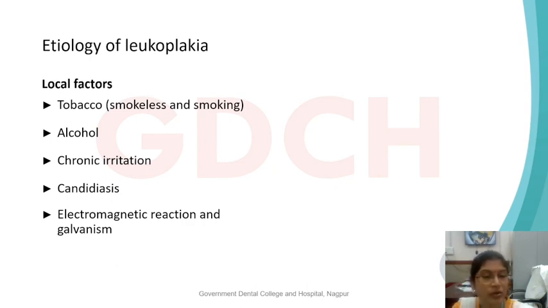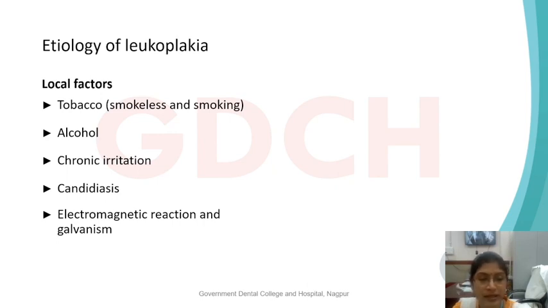changes. Chronic irritation from any broken prosthesis or a chronic broken tooth can lead to a white patch in the oral mucosa. Candidiasis can be a superinfection on an already existing leukoplakia patch, and it can also increase the chances of keratinization of that particular lesion.